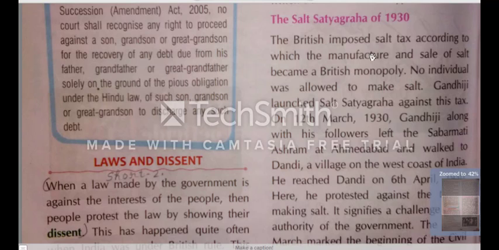It means only the British government had the right to manufacture and sell salt. Got it? We are talking about the year 1930. That time, the British imposed the salt tax.